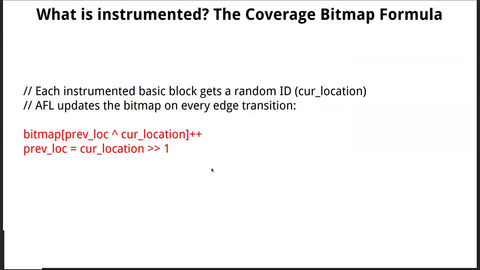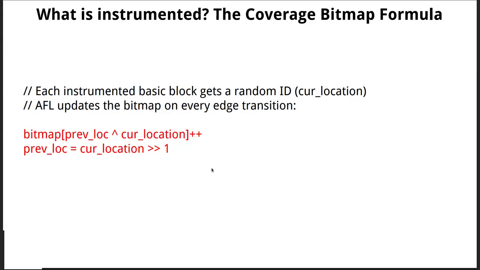Then we talk about what we are going to instrument there. AFL's idea is to find out which edges have been taken and try to encode that. So it instruments information to encode which edges have been covered.